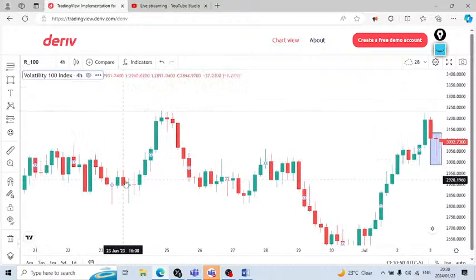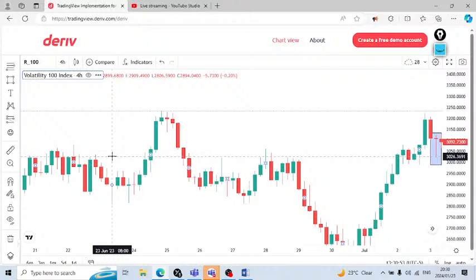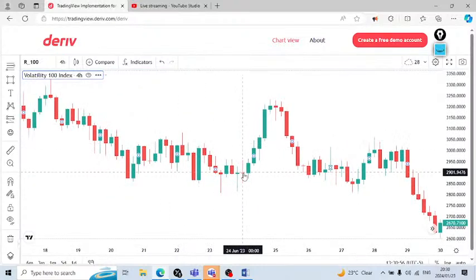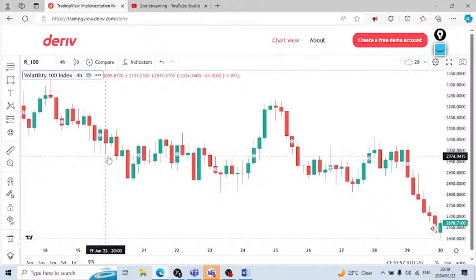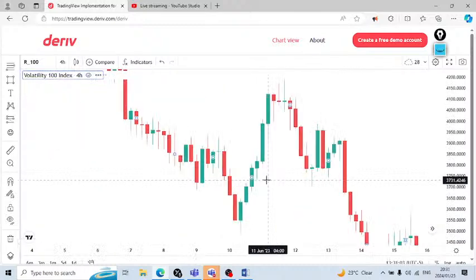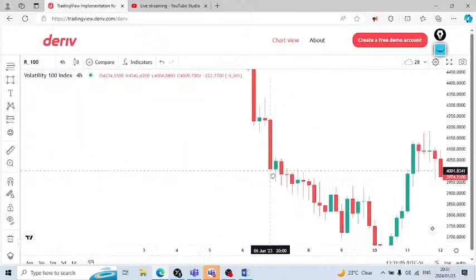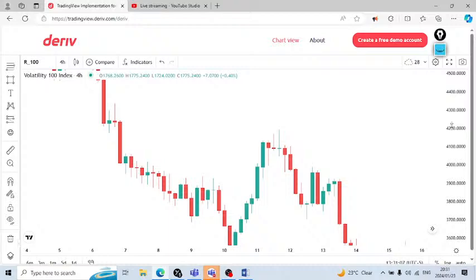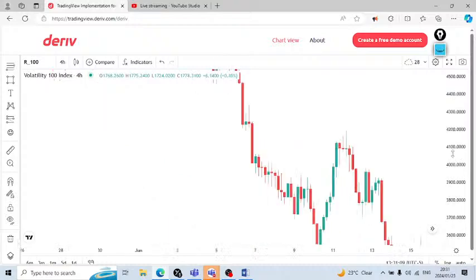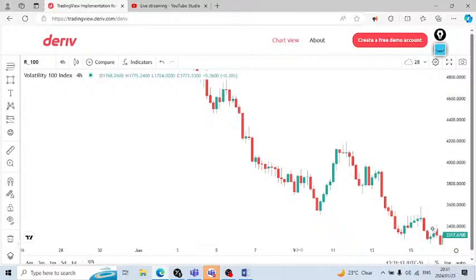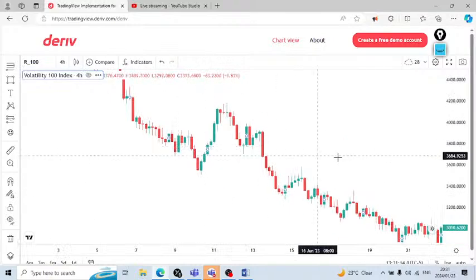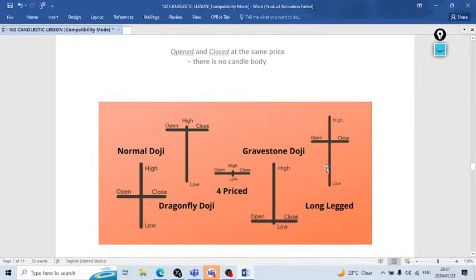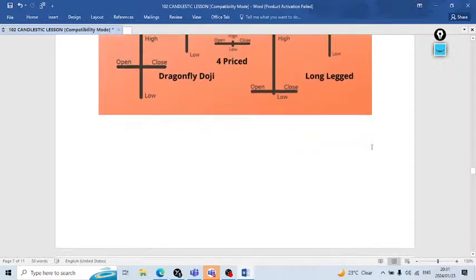Let's look for more. Then we also have this one. It looks like a four-legged Doji. They're just neutral candles, they have no body. To me, I don't really base my trading decisions on dojis, but for educational purposes, you just need to know that there are different types of candlestick patterns that are called Doji candles.